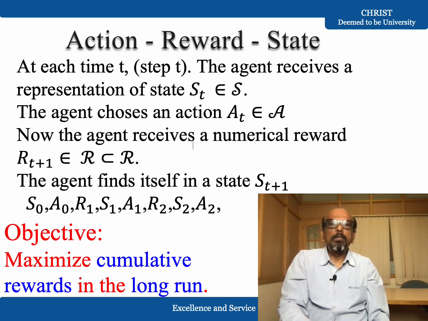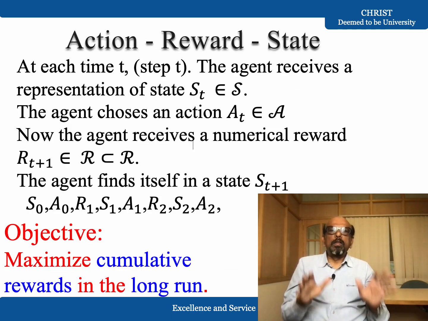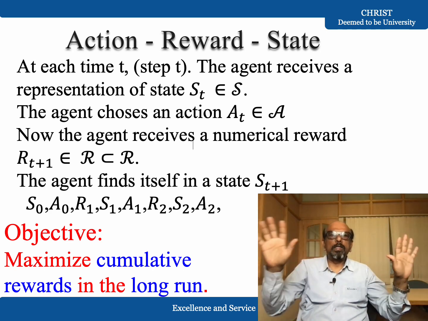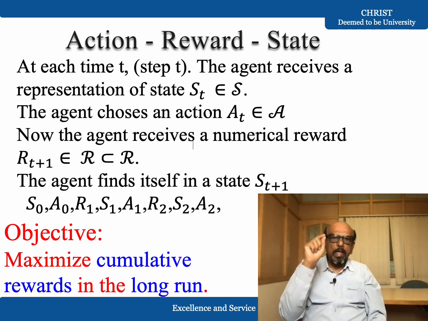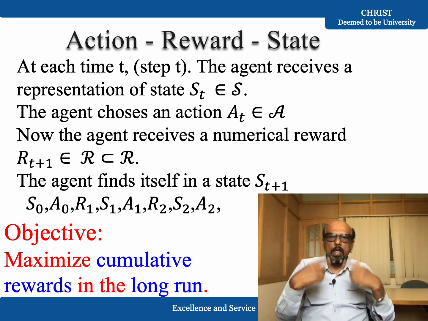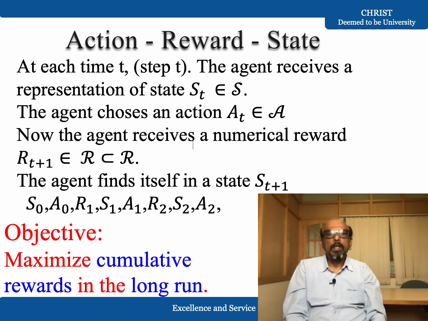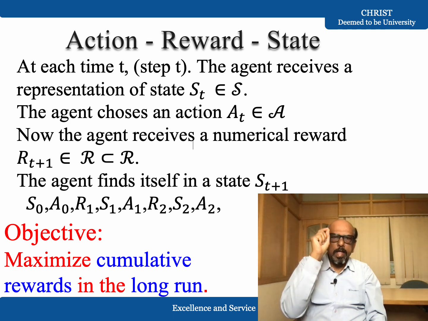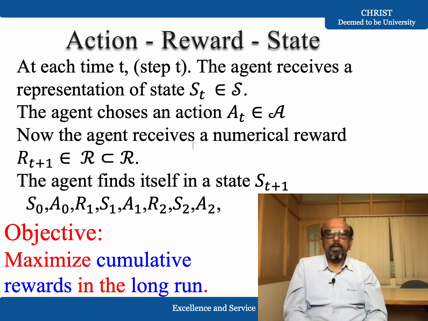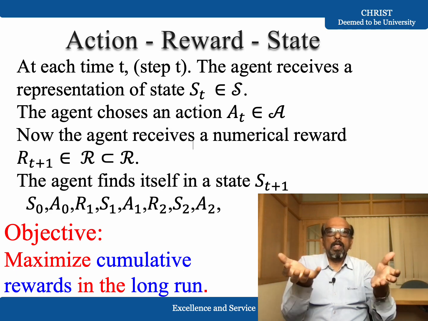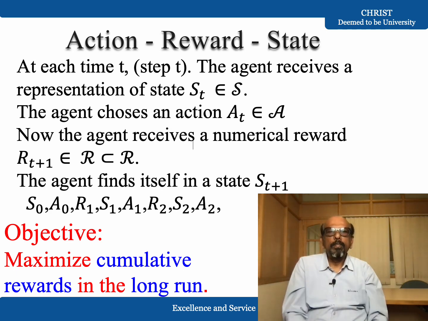So there are three things we are talking about: action, reward, state. At each time t, which will be 1, 2, 3, 4, continuously changing, the agent receives a representation of state St. So the agent is at a state St at a given time t.